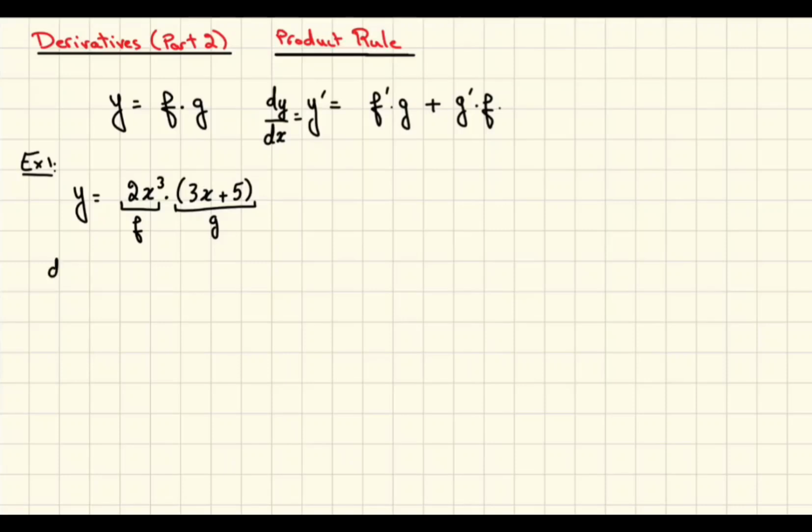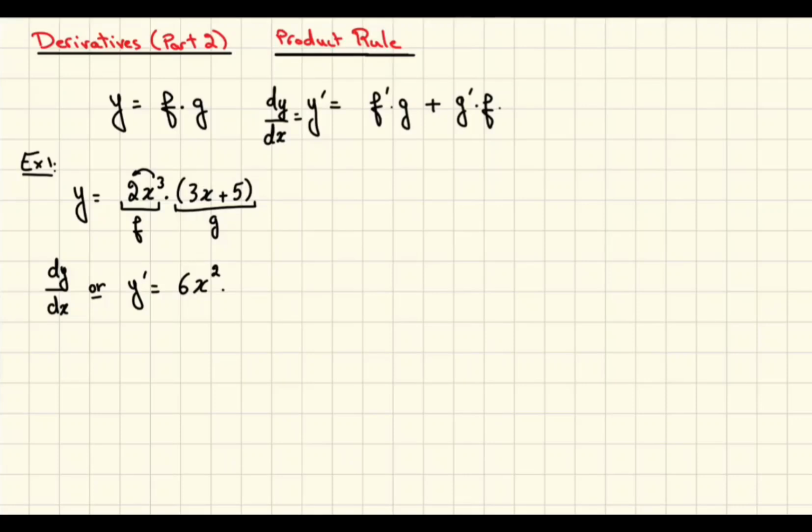So to find dy over dx, or we can call it y prime, I need to do f prime multiplied by g. So what is the derivative of 2x cubed? The 3 goes down, we multiply it with the 2, so it becomes 6, x exponent 3 minus 1, which is 2.